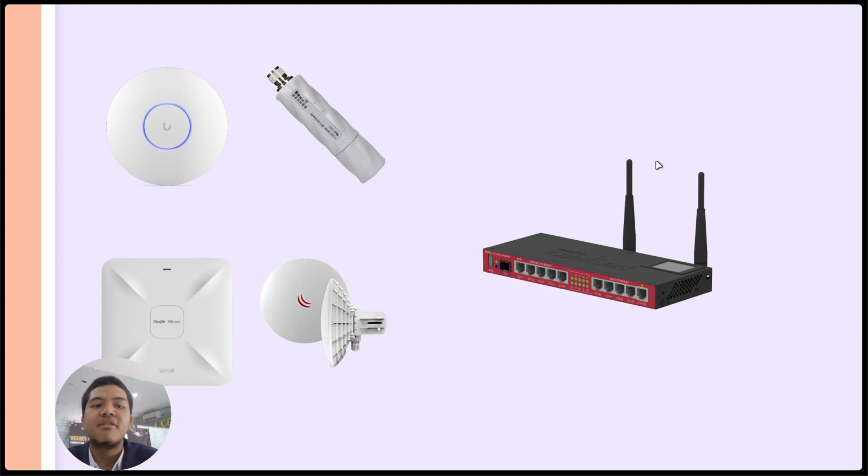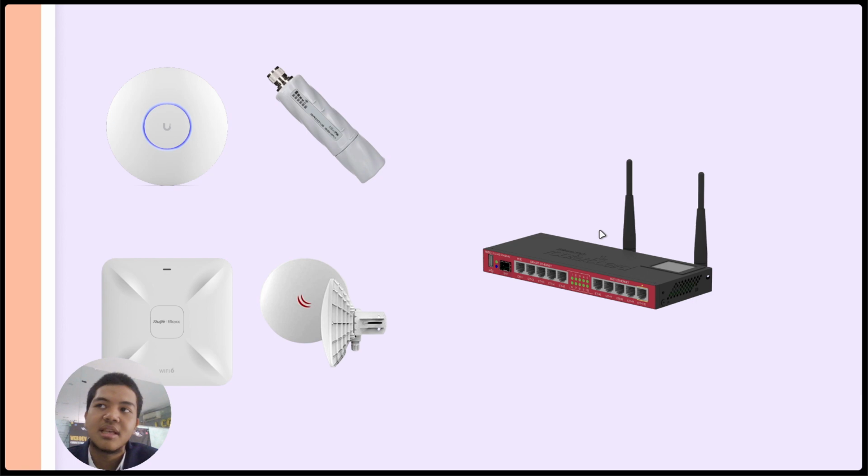Okay, that's all. Now I will show you examples of wireless devices, like an access point or wireless router. For Wi-Fi implementation, it uses an access point like this Ubiquiti UniFi access point, and there's also a 2G access point, and antennas, and others. Also, our router has a wireless device too, like the ISP routers from Telkom or Iconet.